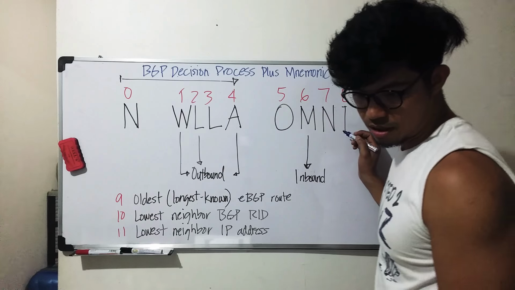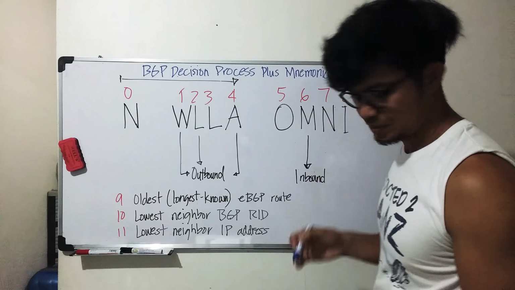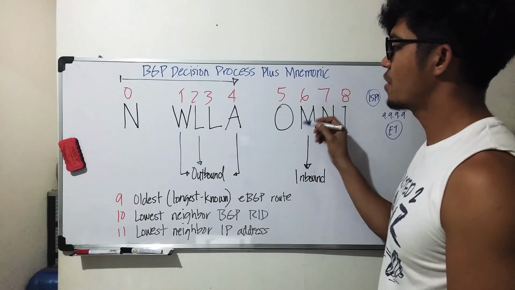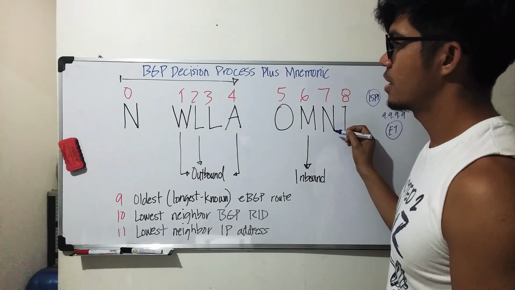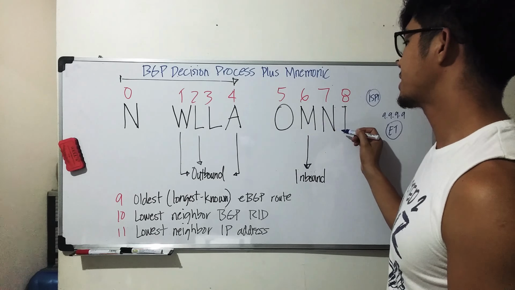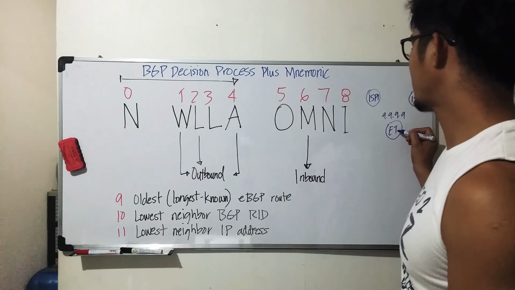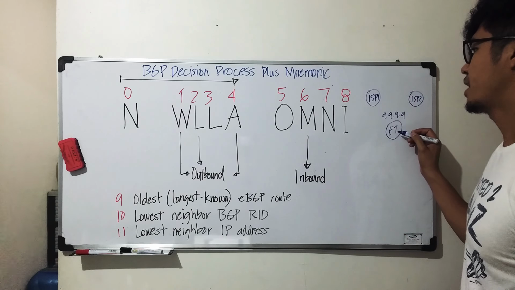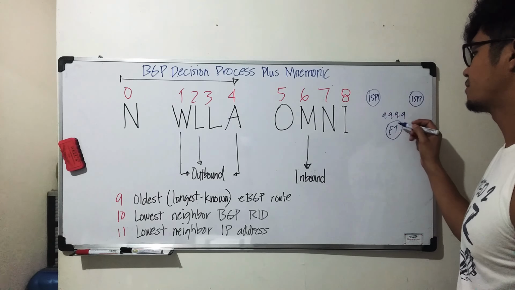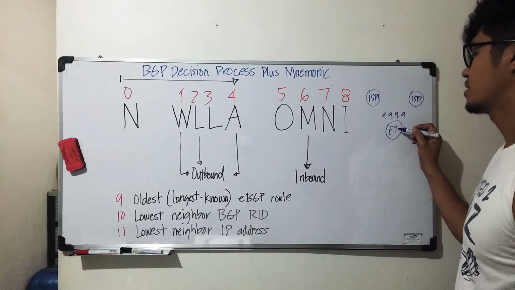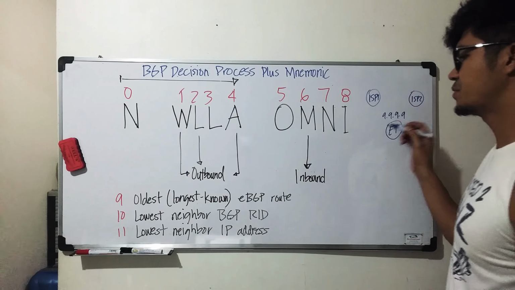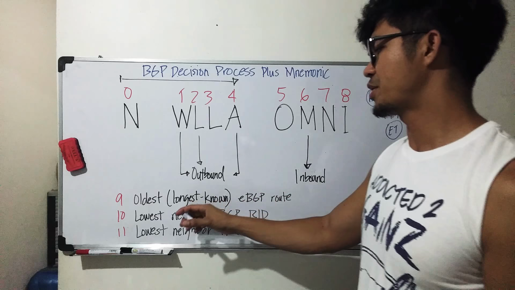Of course, smaller is better. And if these values are still tied, if router E1 is still seeing these values are tied, E1 is going to use these tiebreakers here.